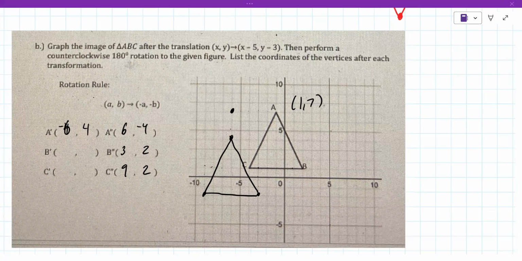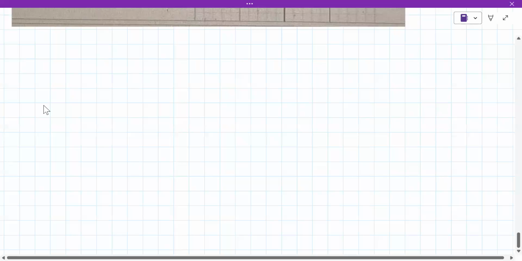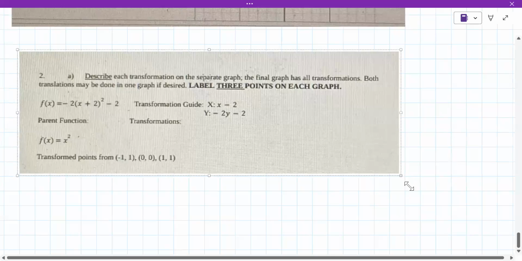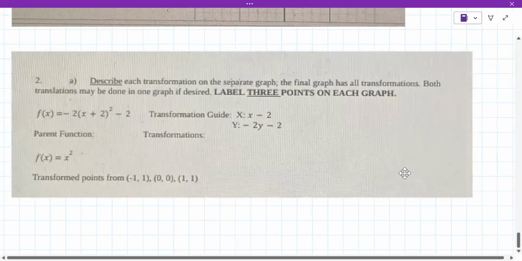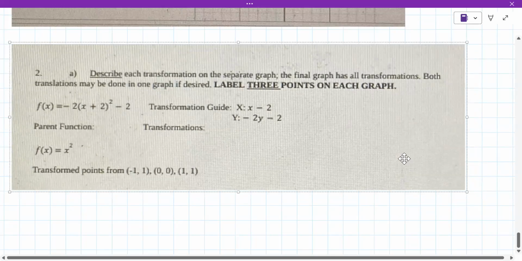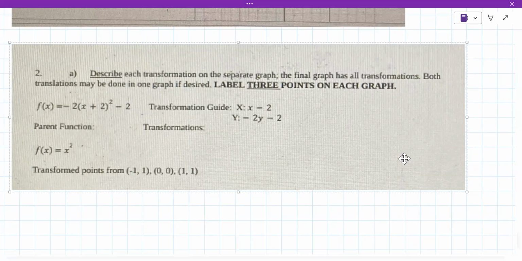All right, let's take a look at this new problem here. It's some sort of a quadratic thing you guys are doing. Describe each transformation on a separate graph, find the final graph with all transformations.